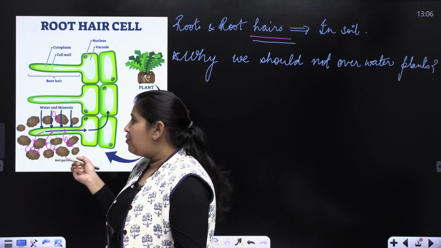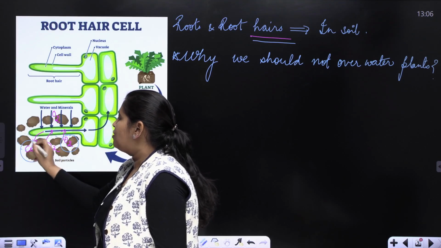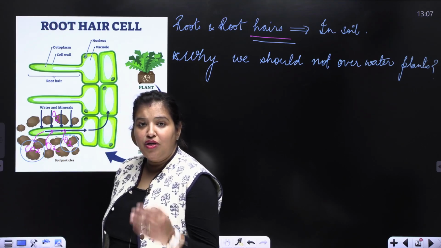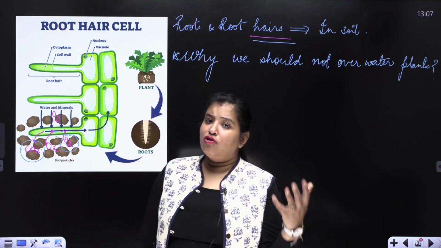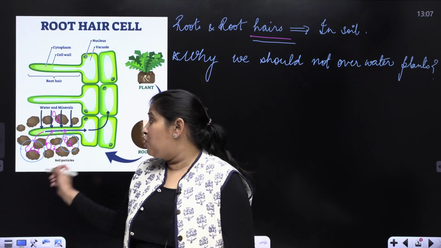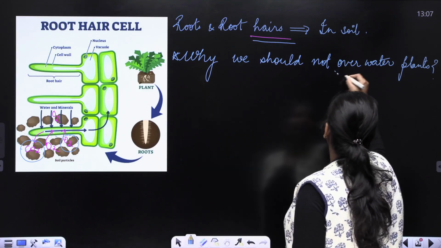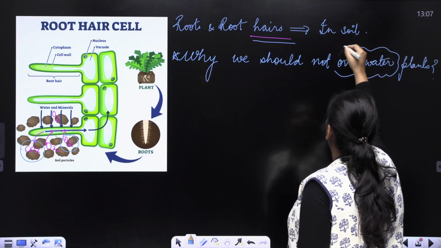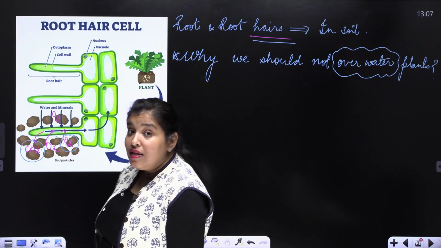That means the root hair cells cannot perform this gaseous exchange. That is, CO2 cannot be given out in the soil and oxygen cannot be taken up from the soil air. So that is the reason the plants die if we overwater them. Overwatering of plants kills them.